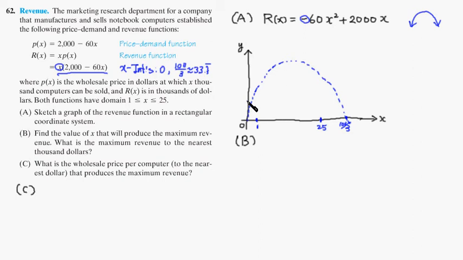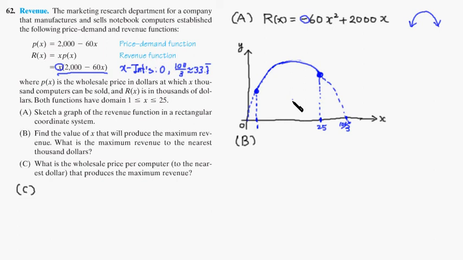Then we know that it has to start from 1, so it goes up here, and ends by going straight up from 25. So the graph starts from this point, and it's just a portion of the parabola. That doesn't look good, so I'll just redraw that. Right, that's the graph.